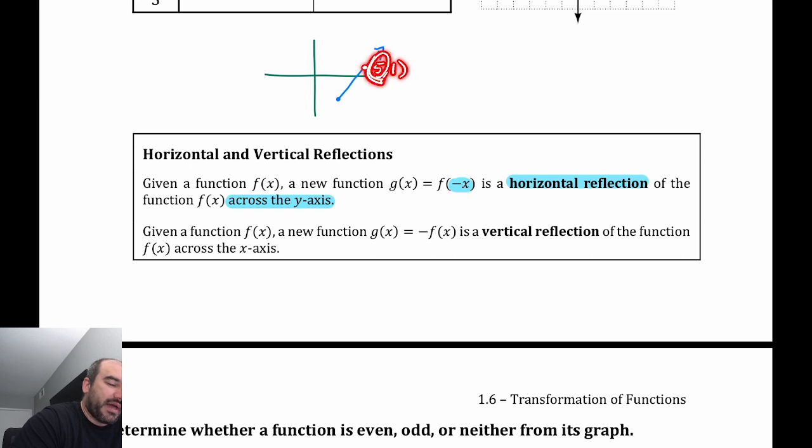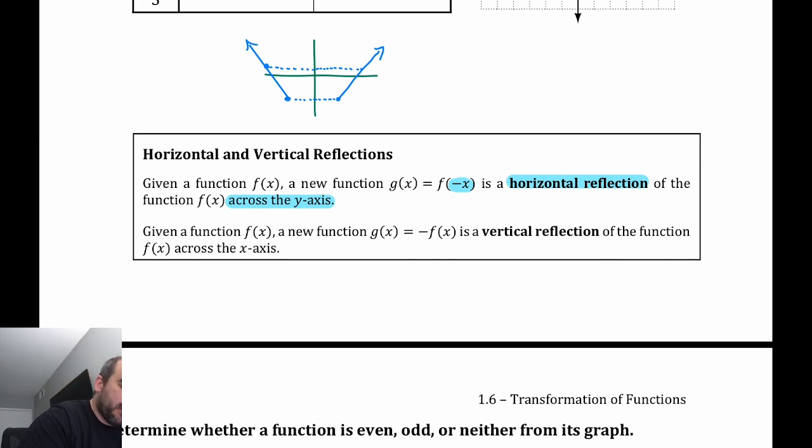If I were to make the x value negative, it would now become (-5, 1), and my point would end up being over here. It would reflect over the x-axis to over here, and each point would reflect over the x-axis, and we would get a mirror image of this original graph reflected over the y-axis.